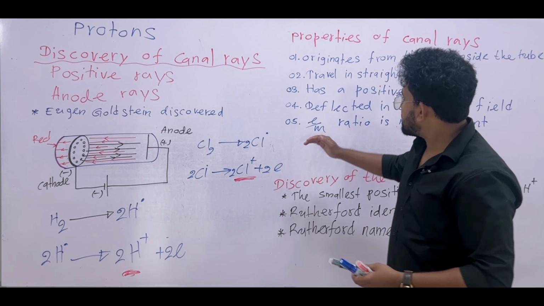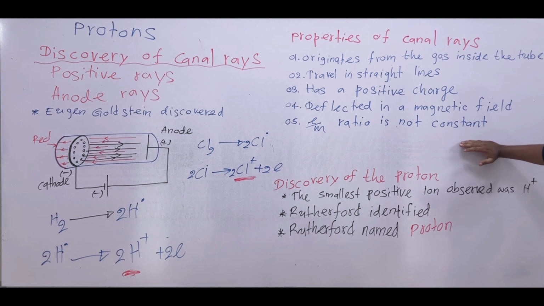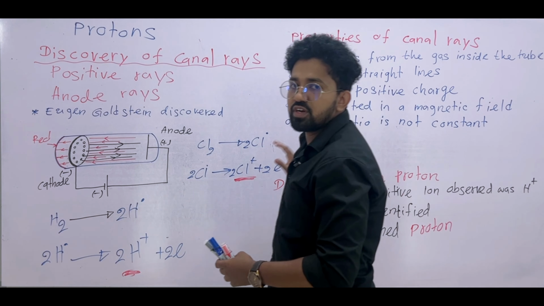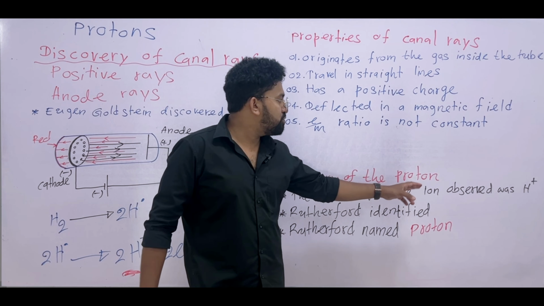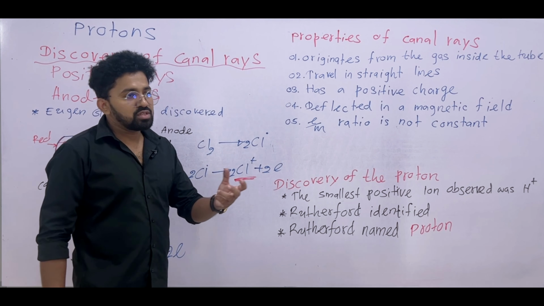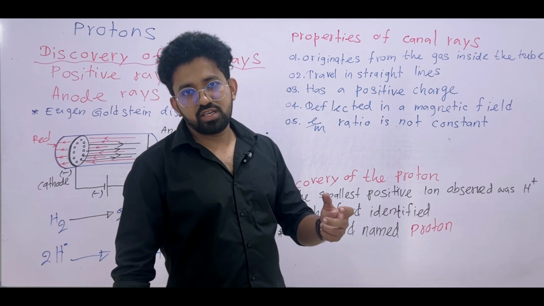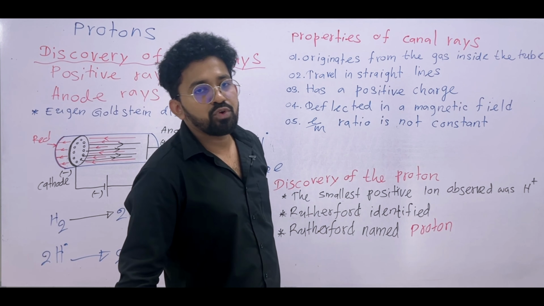And with that, we can move to the discovery of the protons. The smallest positive ion observed was H+, and they could observe that the e/m value is common for all the particles.